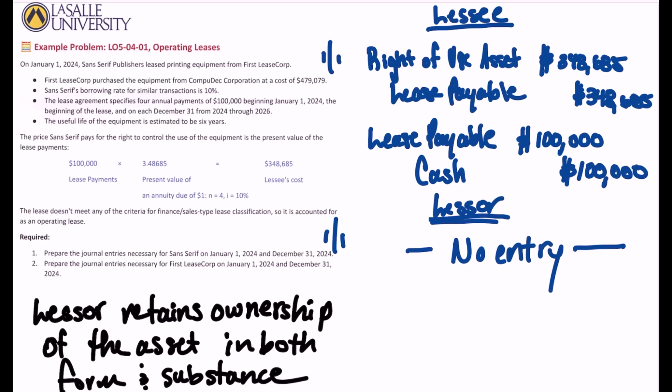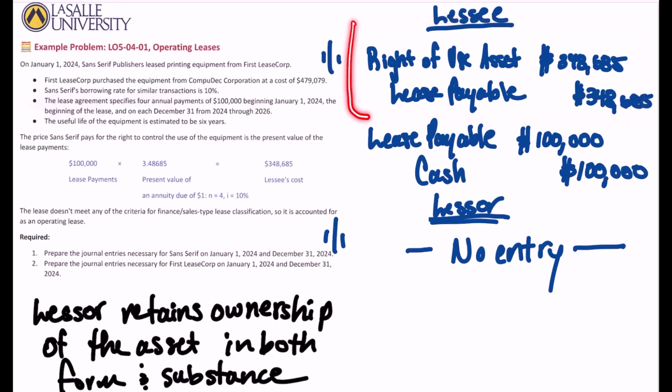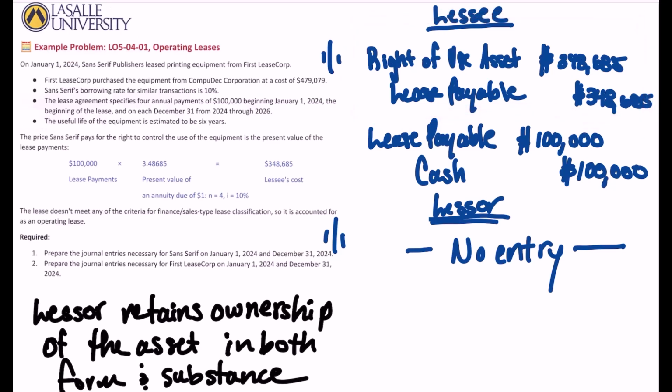And the idea behind this new accounting standard is companies, if they are making use of leased assets to generate sales and profits, financial statement users should know to what extent there are leased assets being used to drive sales and profits.